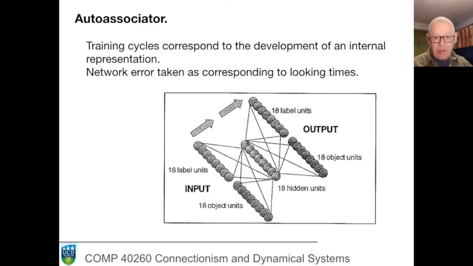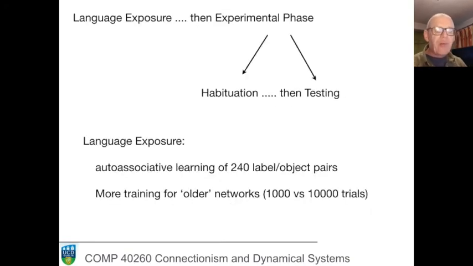Now there's a further very important distinction between an infant and a network. The infant has been around for a while, 8 months or 14 months, and in that time it has been learning language. So we need in our networks to find a difference between 8-month-old infants and 14-month-old infants. There are no infants in the network.